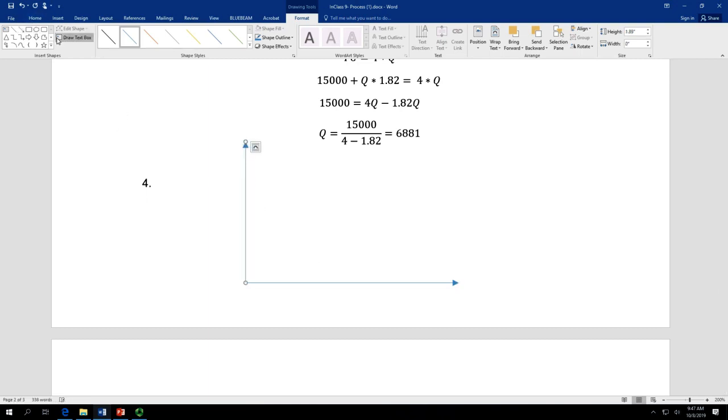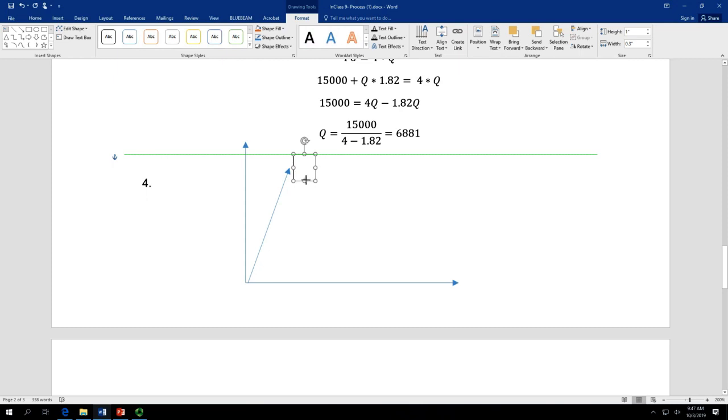And for Q, this one is the Salt Lake Supply. So if I write over here, it should be Salt Lake.